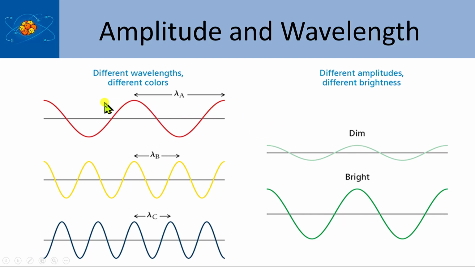And then wavelength and color are related in such a way that if you look at Roy G. Biv, if you guys are familiar with this, this is red, orange, yellow, green. This is blue. The weird one is indigo and violet.